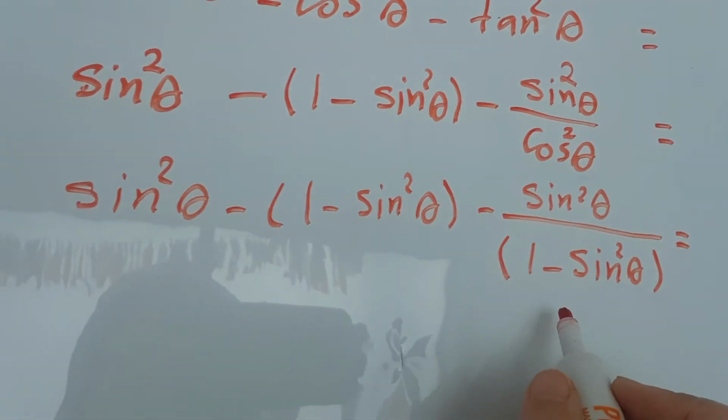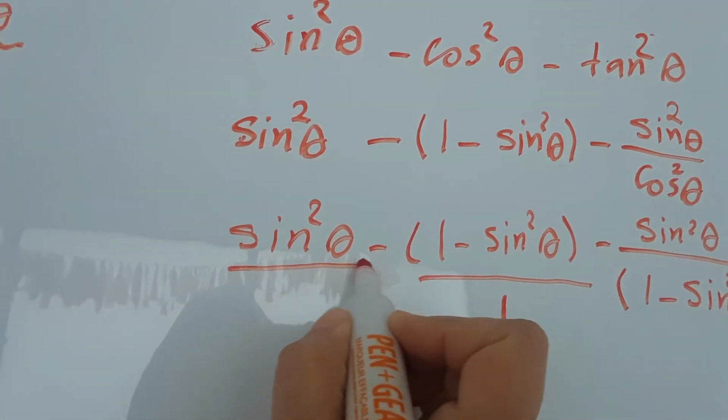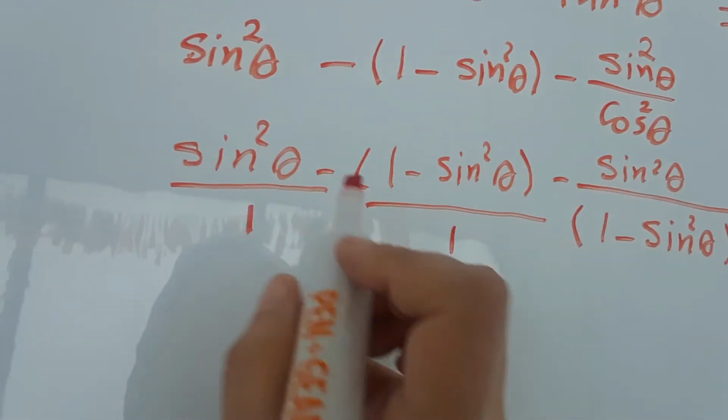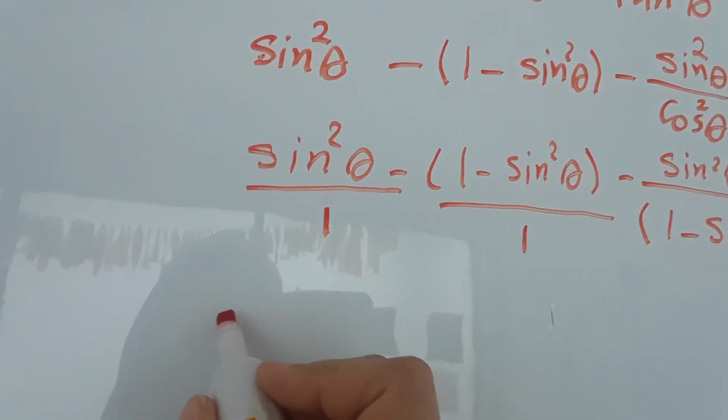So I need to take a common denominator. As you see, the denominator here is 1, the denominator here is 1, so the common denominator is going to be 1 minus sine power 2 theta. I need to multiply 1 minus sine power 2 theta to the numerator and denominator.